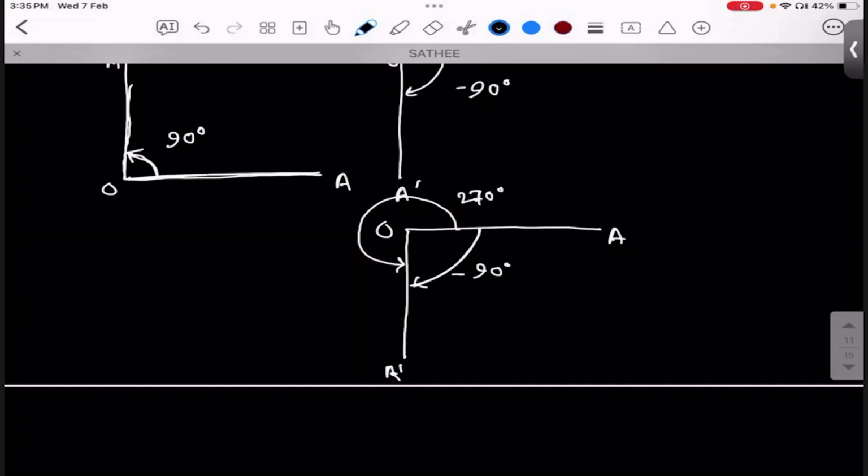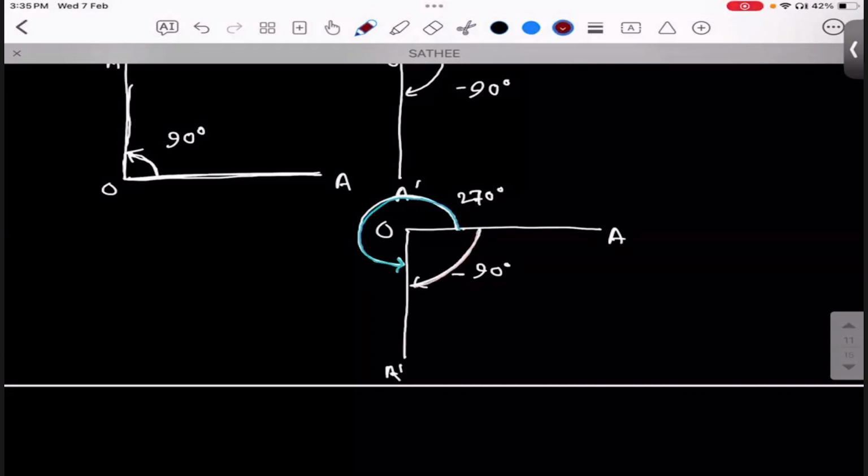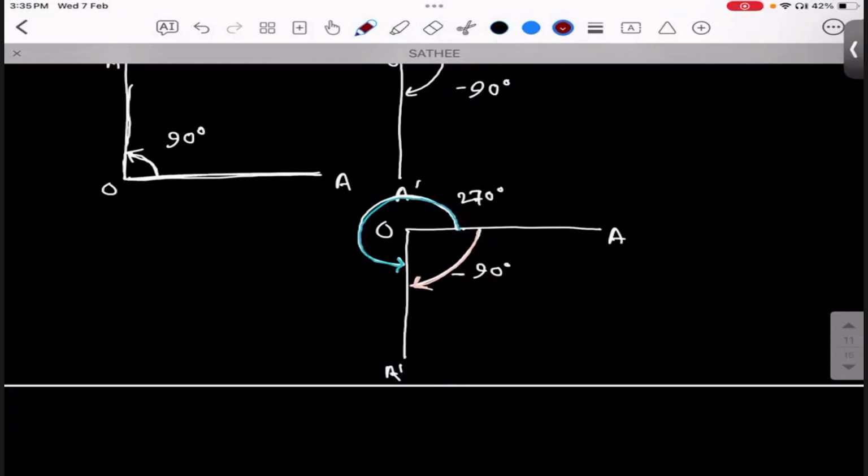Fine. Now you can clearly see this is the measure. If I omit the direction, the measure here is 270 degree, here it is 270 degree, and here it is 90 degree. Now if I add the measures, 270 degree plus 90 degree equals 360 degree.